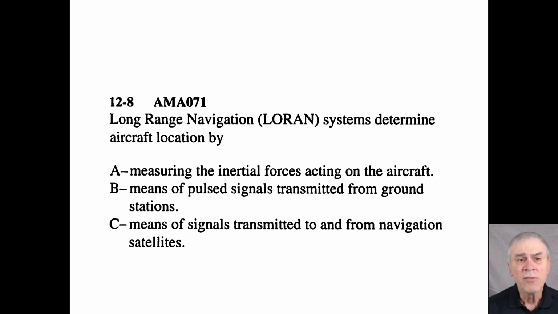B, means of pulse signals transmitted from ground stations. So far I like that one. Or C, means of signals transmitted to and from navigation satellites. Which, to be fair, if they didn't write C in there, I would have written it in as D. So I guess it could be a tough question.